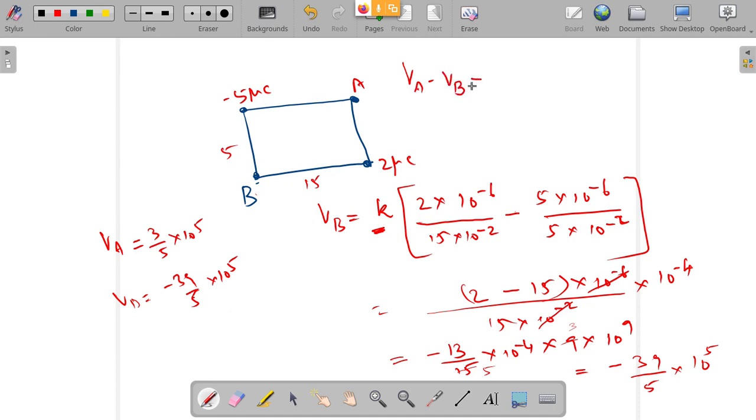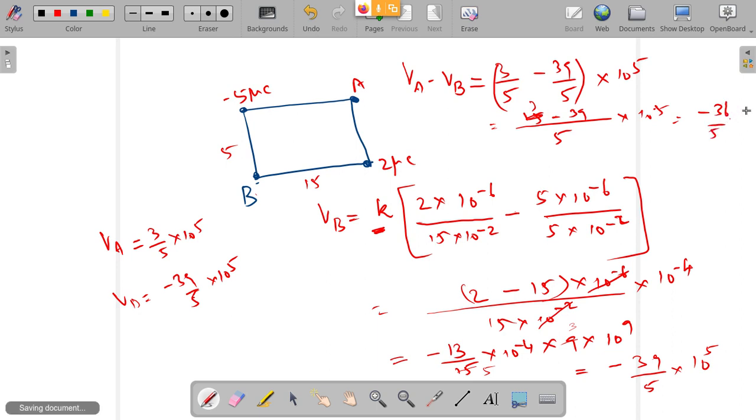So VA minus VB is 3 by 5 minus 39 by 5 into 10 power 5. Both are over 5, right? So 3 minus 39 into 10 power 5. So it is minus 36 by 5 into 10 power 5. That is what you are getting as the potential difference.